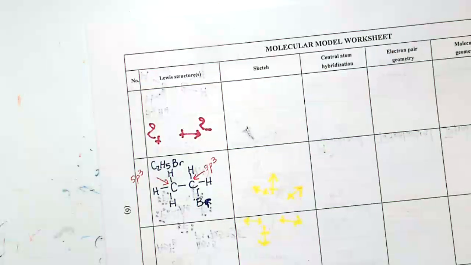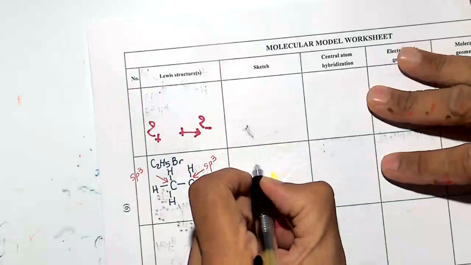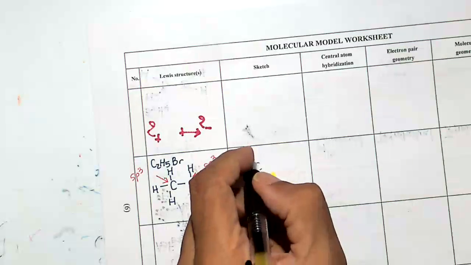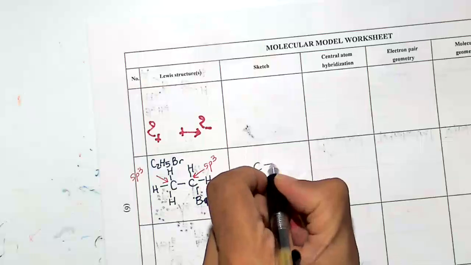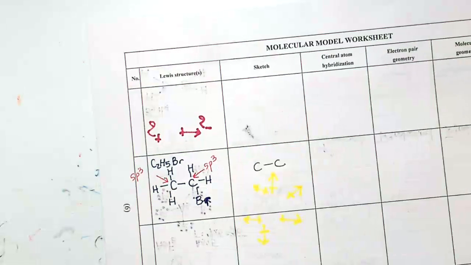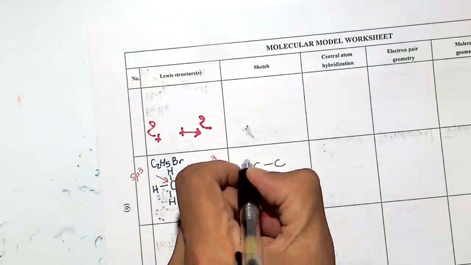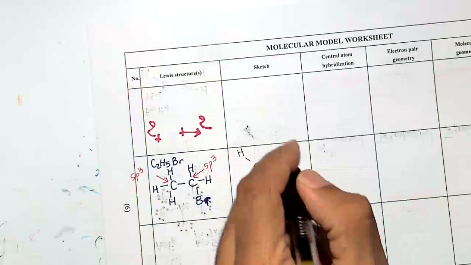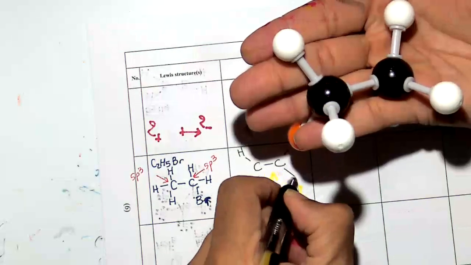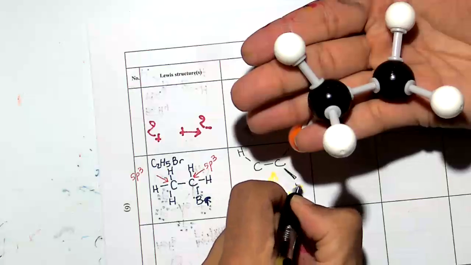All right, let's quickly draw that here. We're going to draw two tetrahedrals together. We'll have this one come out towards you guys.